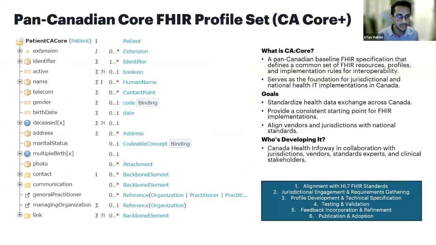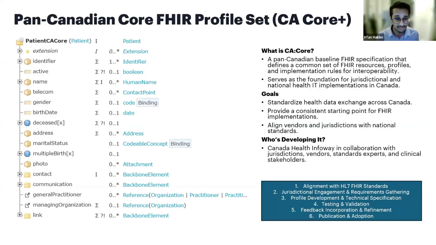So what is CA Core? I've been talking about it, I've been hinting at it, but let's now jump into what CA Core looks like. I do have a couple of tabs open at the side where we can walk through what the CA Core specification looks like.